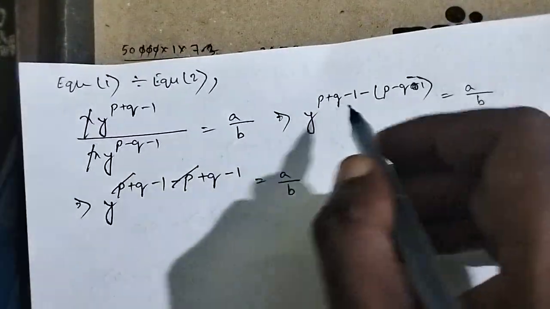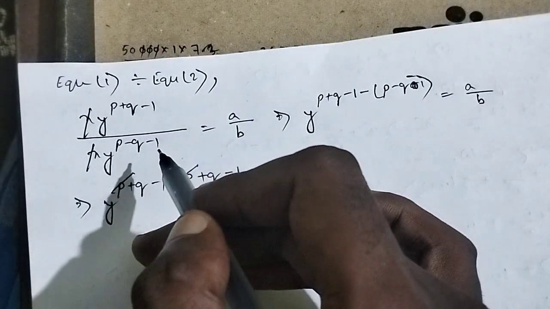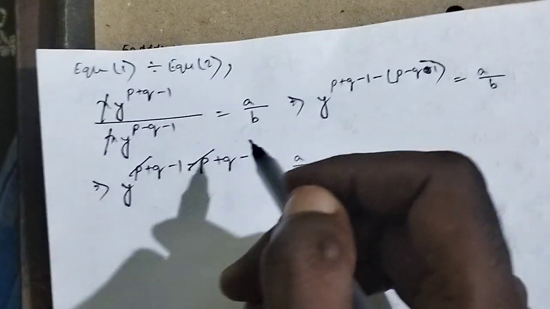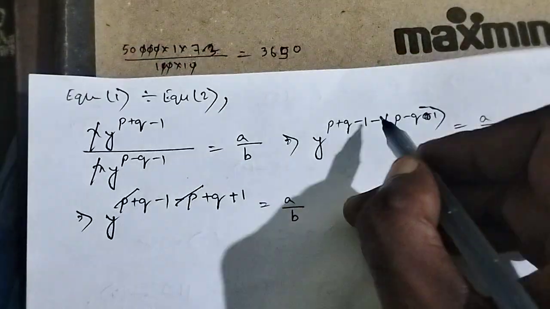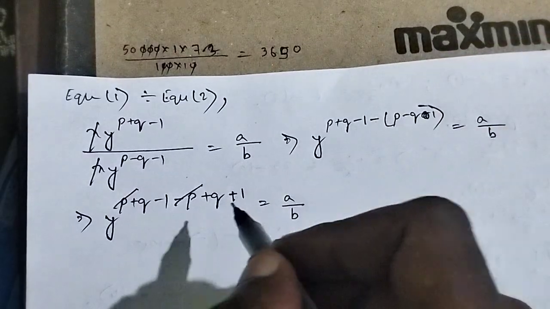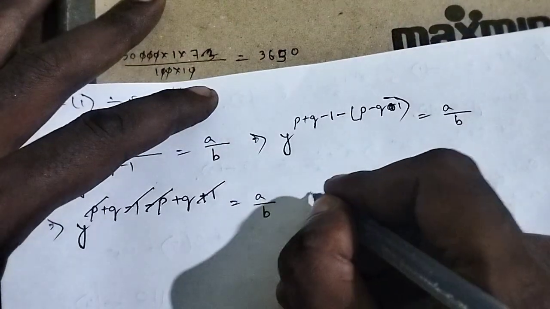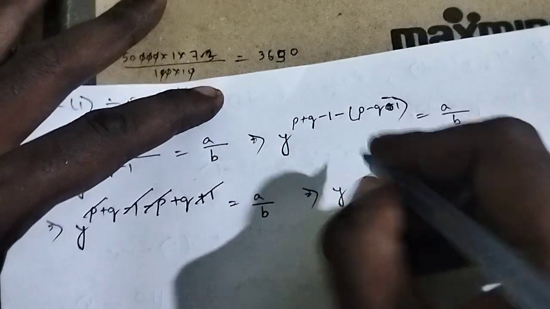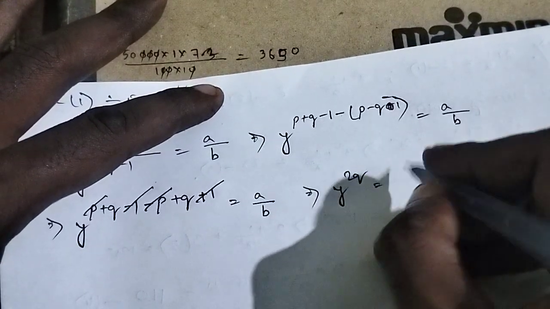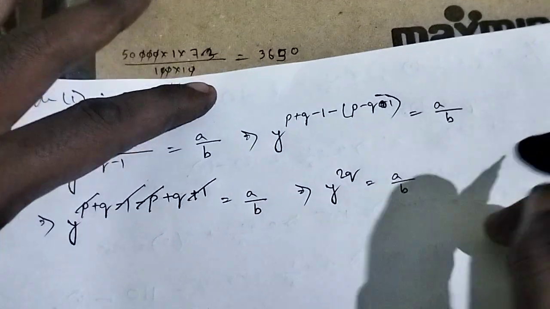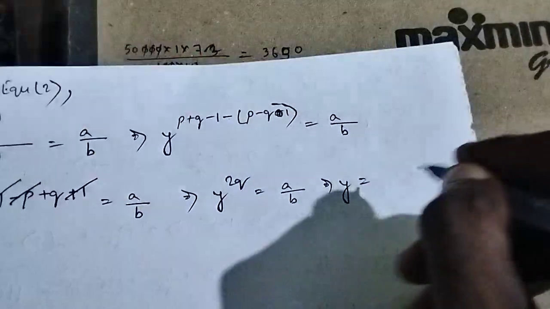Minus minus would be plus 1. So plus 1 minus 1 also will cancel each other. So ultimately y to the power 2q is equal to a by b.